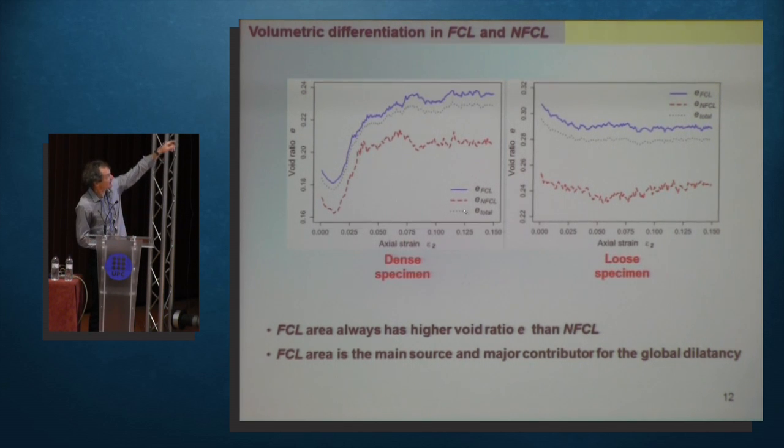I have plotted the evolution of the void ratio according to the different families we have: the loops connected to the 4-chains, the loops outside, far from the 4-chains, and everywhere in the medium. You can observe that the blue curve, indicating the most important dilatancy, is related to the loops closely attached to the 4-chains.